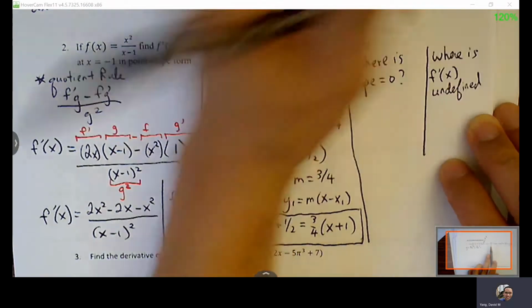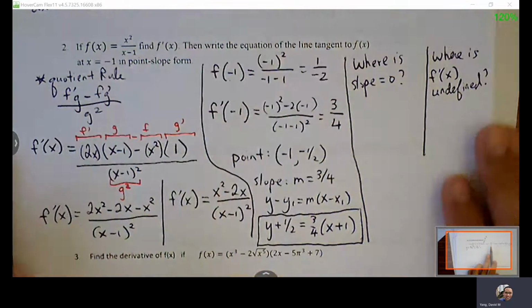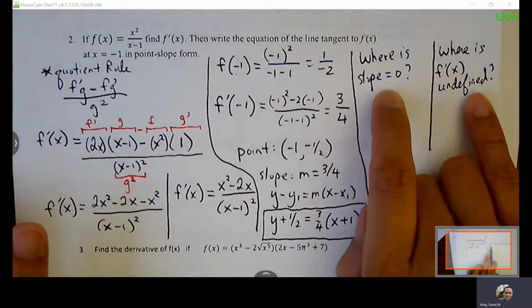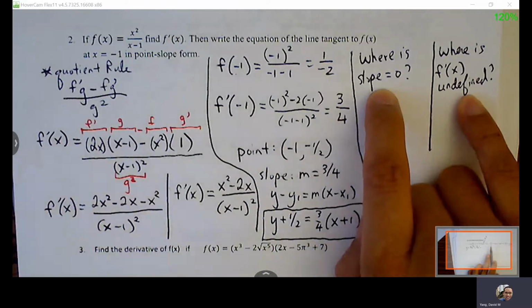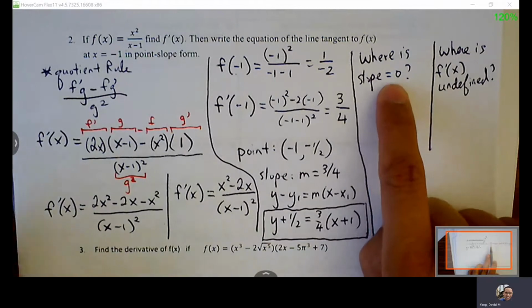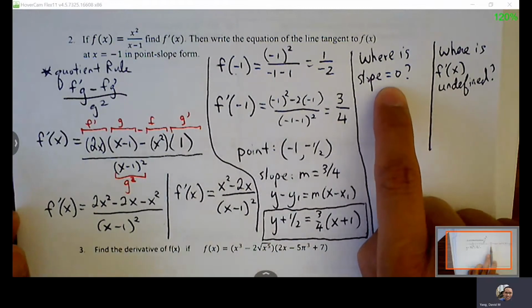Slope and f prime is kind of interchangeable. So where is slope equals 0? Where is slope undefined? We know that these are slope related, so it has to come from the derivative. So where do we look if we want to figure out where the slope of the graph is 0?